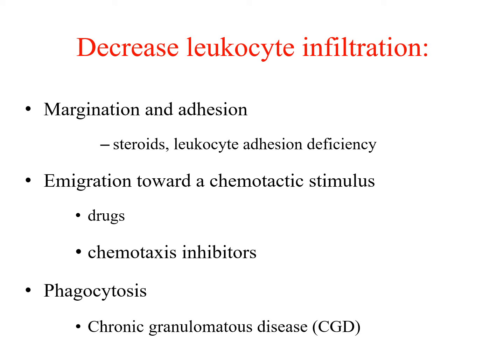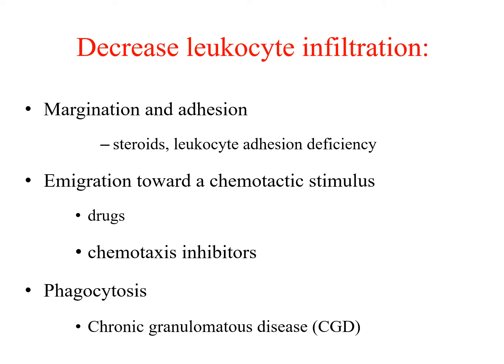Now, can this process be impaired or decreased? Sure. And sometimes we do this on purpose, especially if someone has tipped into chronic inflammation and we want to stop the infiltration of white blood cells to an area.